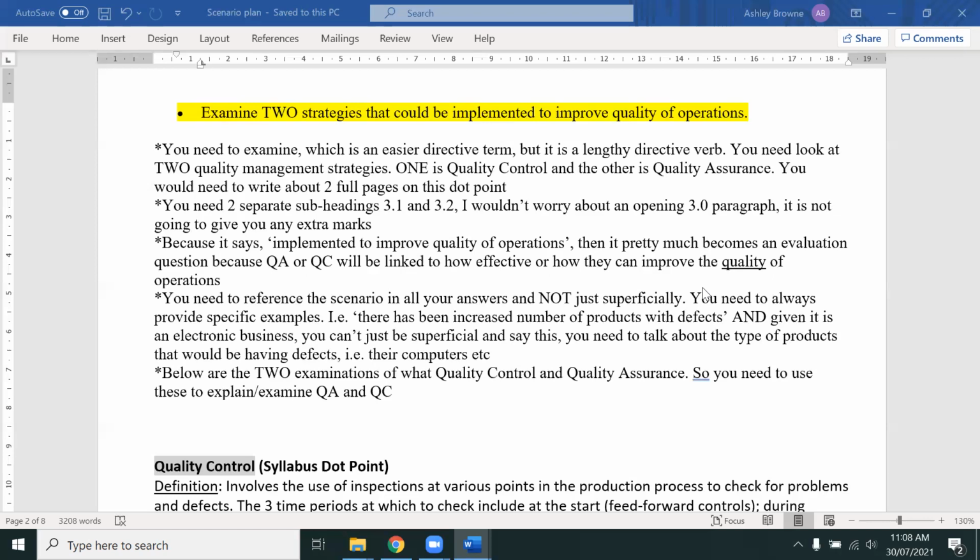Maybe a better answer might be quality assurance, and then you could also be talking about, off the top of my head, technology. I think that's a strategy to improve quality as well. So I don't think you'd lose marks by doing one of each of these, but you could be right.